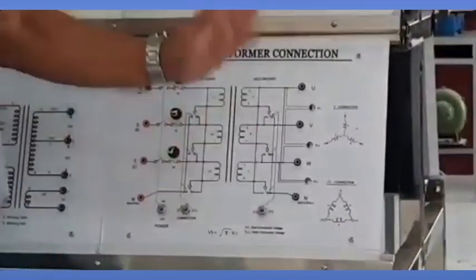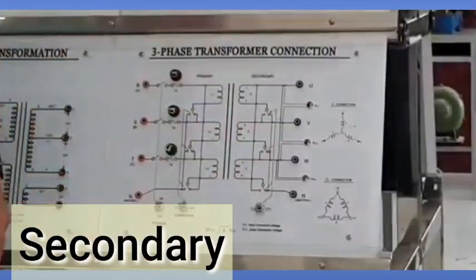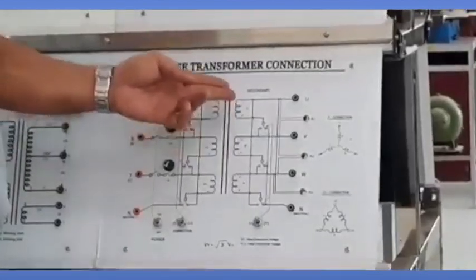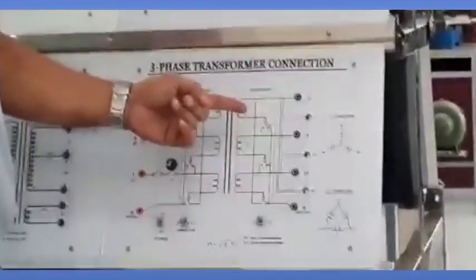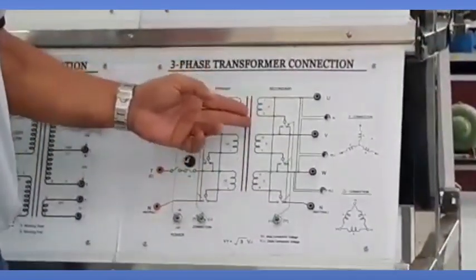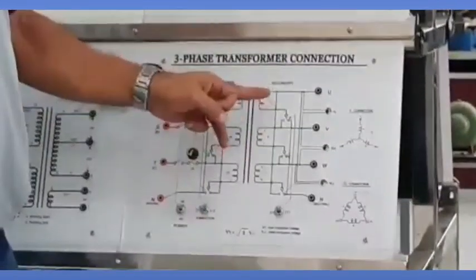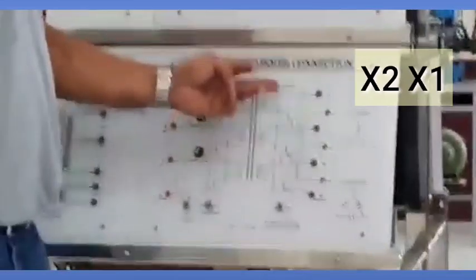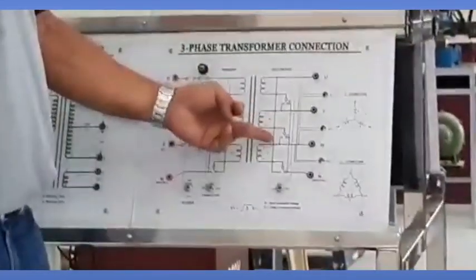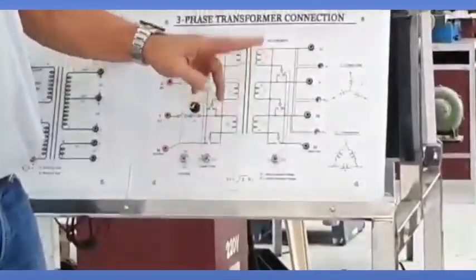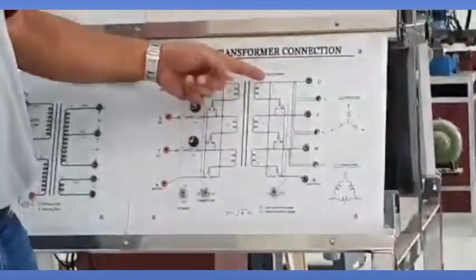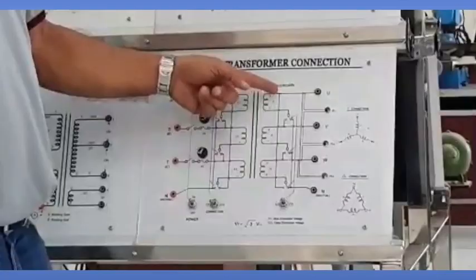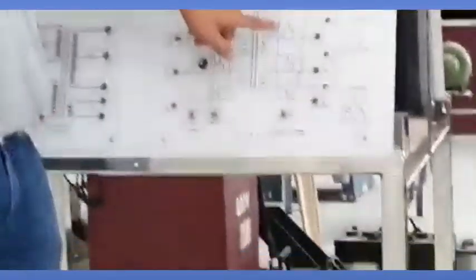When we go to the secondary side, it will be different. If you have discovered that the transformer polarity is additive, it will be X2, X1, for each. If it is subtractive, one terminal will be X1 and the other two terminals X2.